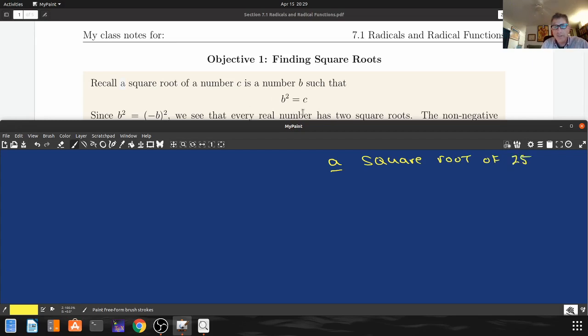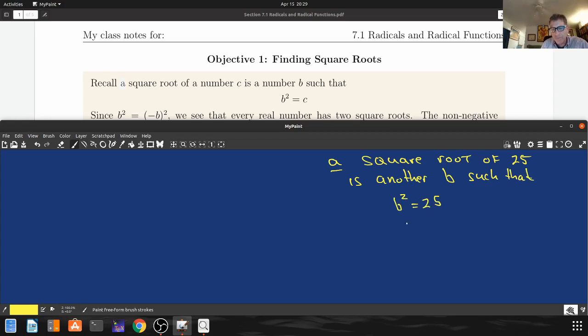Well, by the definition, a square root of 25 is another number, b, such that b squared is equal to 25.